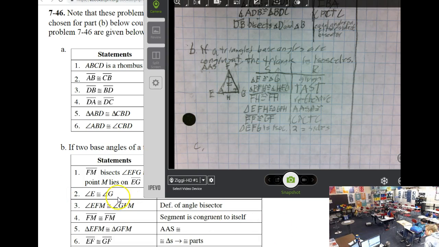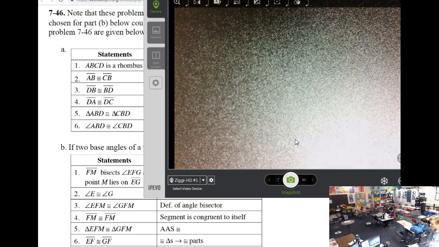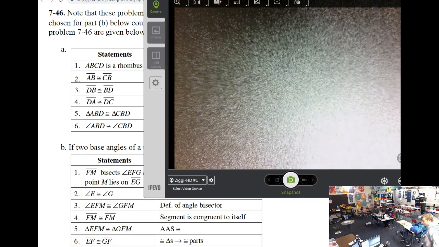Then they show congruent angles, which was the given definition of a bisector. This is reflexive. They just don't say it. And we can use angle side, which you did. It says you have to graph it. Pretty much the same thing. Yeah, it works. I did do the same thing.